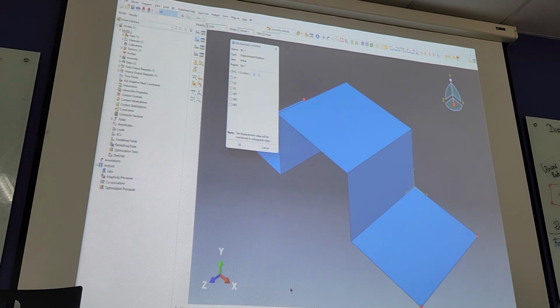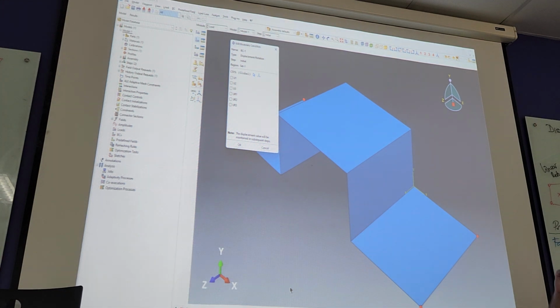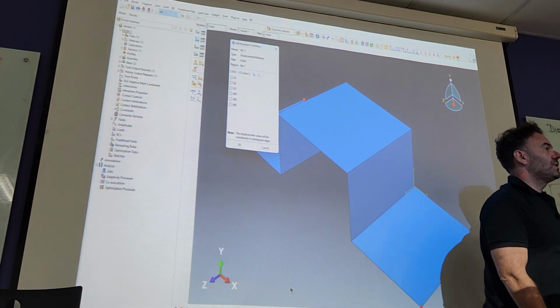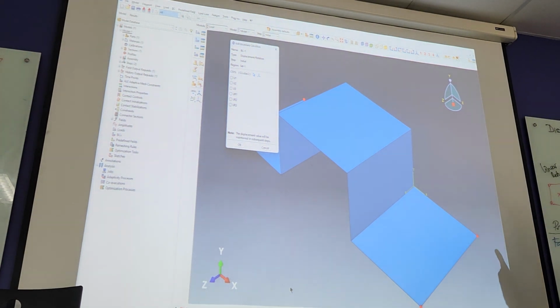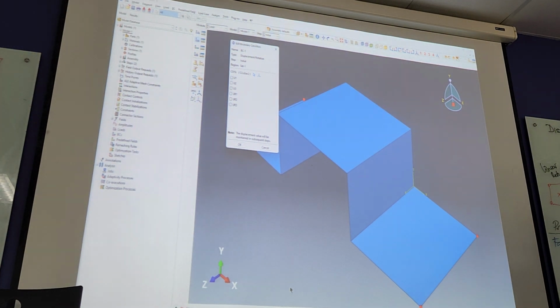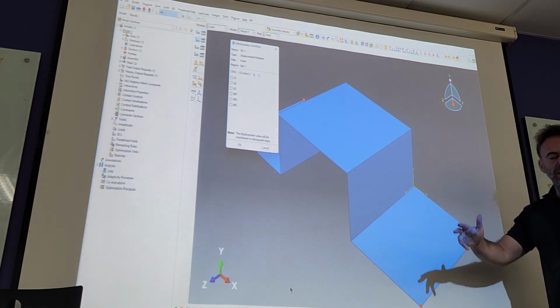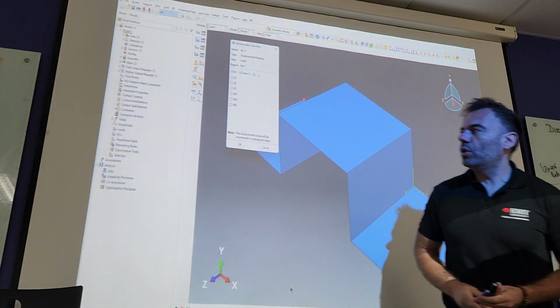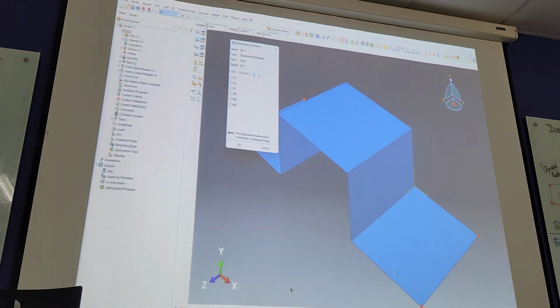Now, another thing to be really mindful of is that when we talked about 2D space, we had X, Y, and rotation about Z. So basically, in 2 dimensions, all you could do is go up or down, go left or right, and rotate on this plane, yeah?